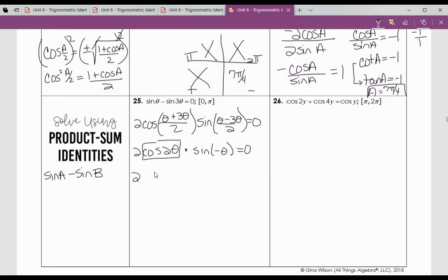So the 2 is already there. The cosine double angle formula that I'm going to use is 2 cosine squared minus 1. Now I'm still multiplying. Here I'm going to have to use my even or odd identity, which tells me sine of negative theta is equal to negative sine theta.